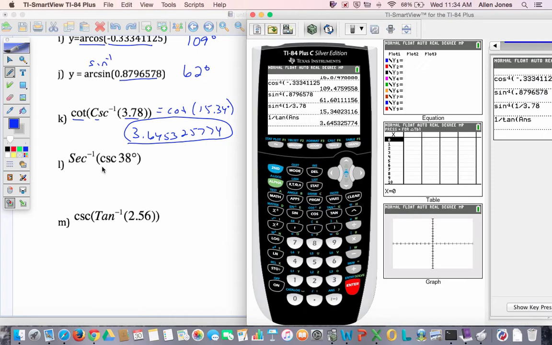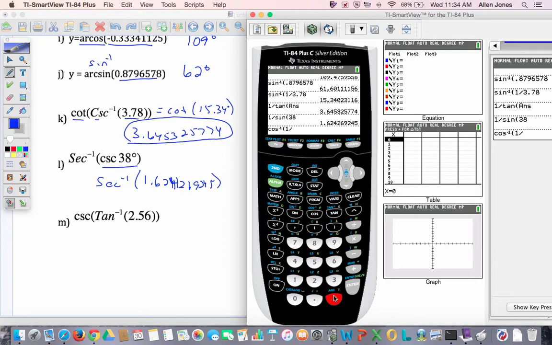Let's scroll down to make sure we have everything on here that we're going to finish on this page. Keeping the calculator up here. Cosecant of 38. Now notice 38 is an angle measure, so we type that in as 1 divided by the sine of 38, and that gets me a decimal value of 1.624269245.